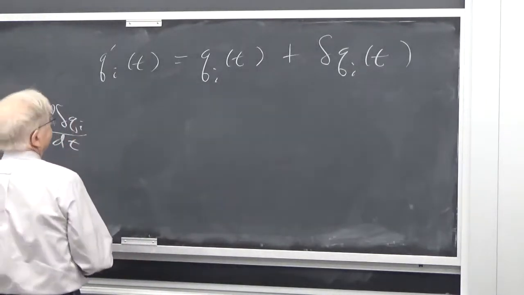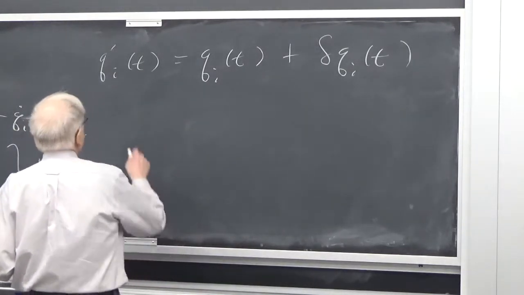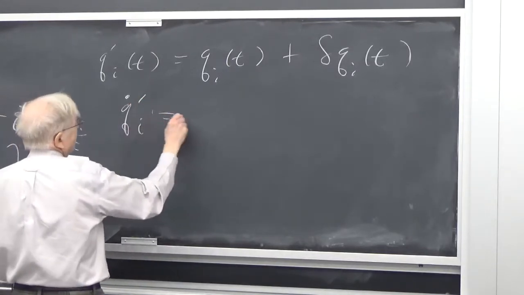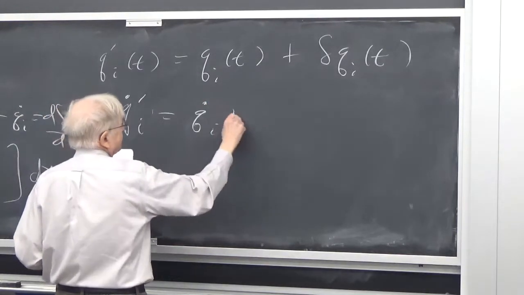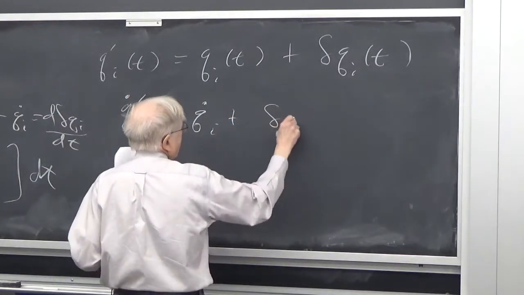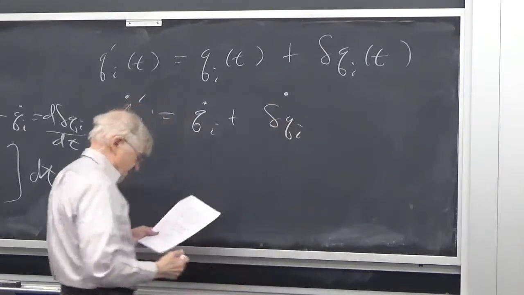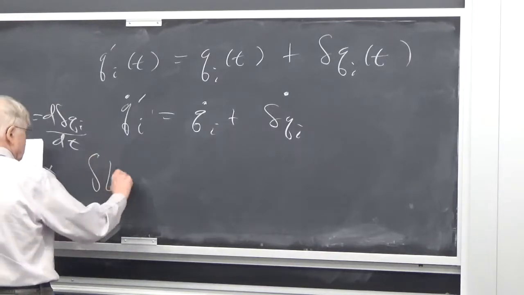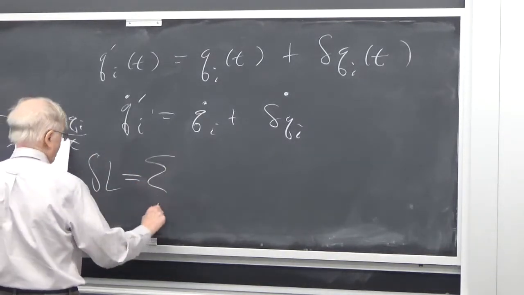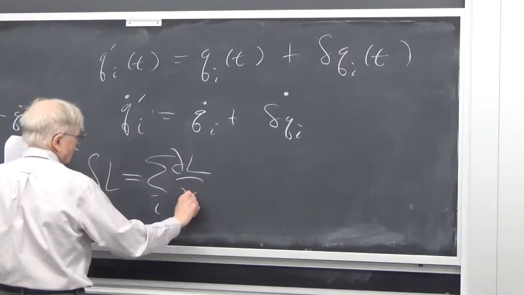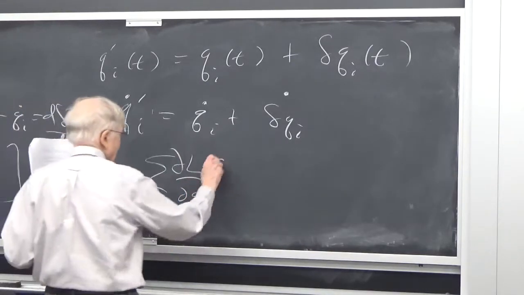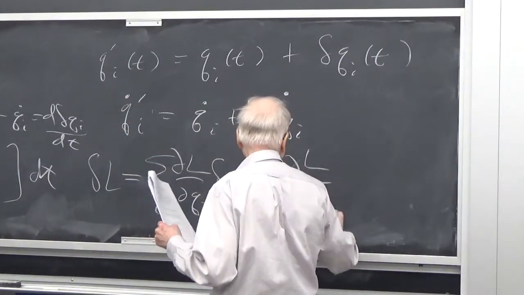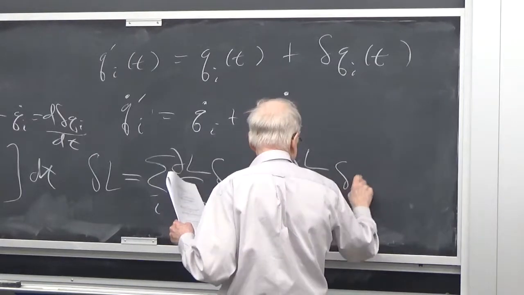And if we do that, then Qi dot prime will be Qi dot plus the time derivative of the change in Qi. And the change in the Lagrangian will be, of course, the sum over i, partial L, partial Qi, change in Qi, plus partial L, partial Qi dot, change in Qi dot.